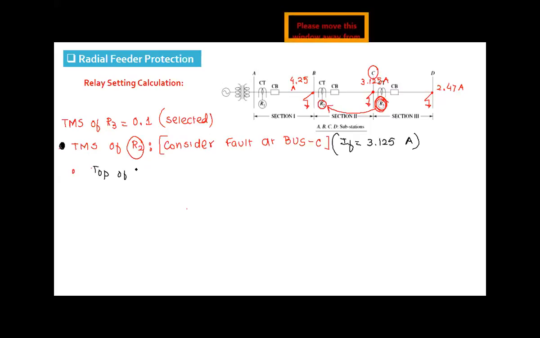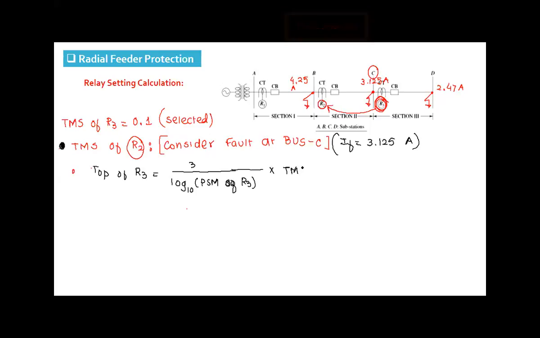Therefore, पहले क्या करेंगे हम? TOP of R3. What is the equation? TOP equals 3 upon log PSM of R3 into TMS of R3.